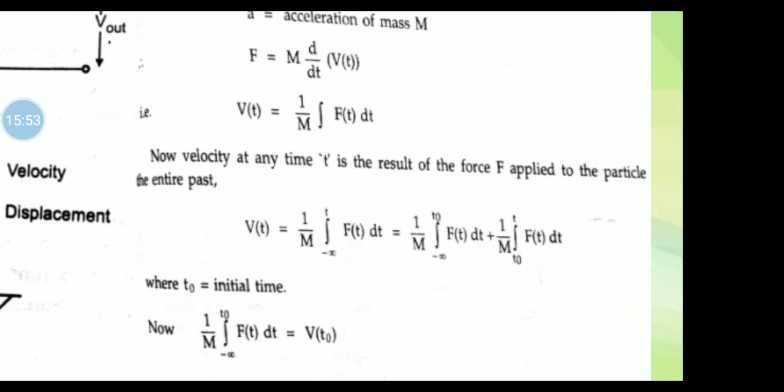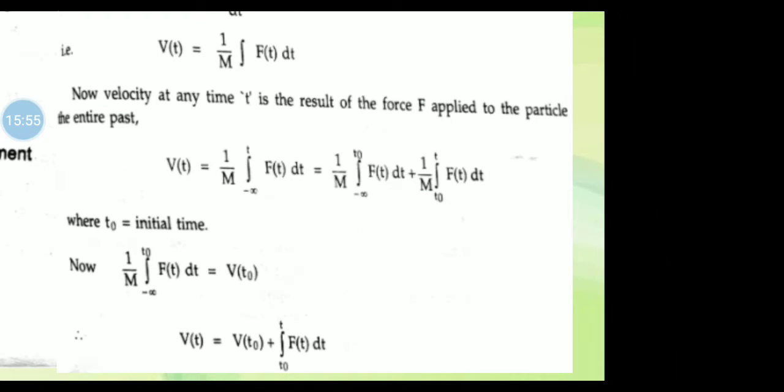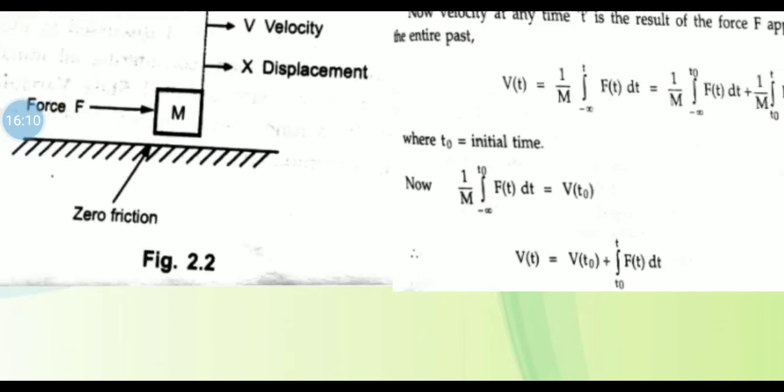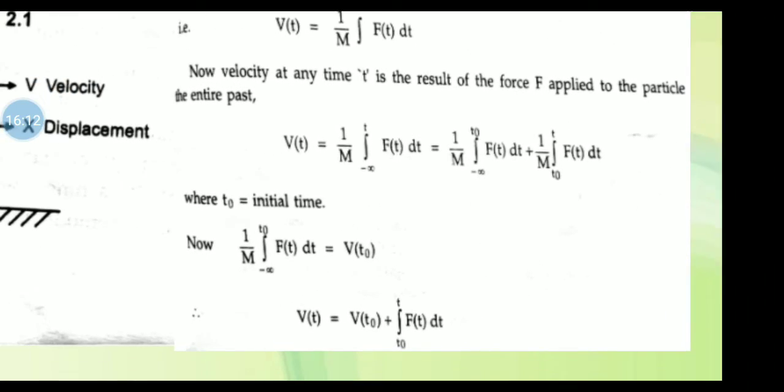Now 1 by m integration minus infinity to t naught f of t dt is equal to v of t naught. V of t is equal to v of t naught plus 1 by m integration from t naught to t f of t dt.